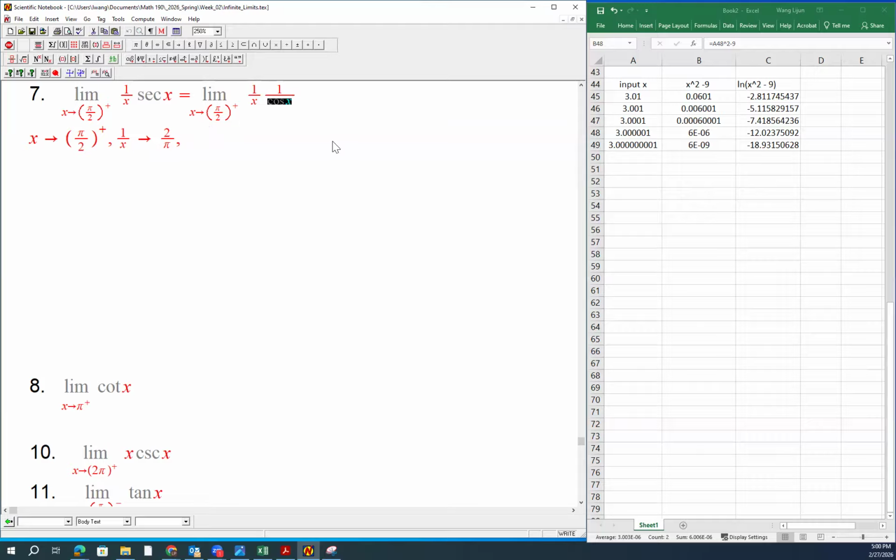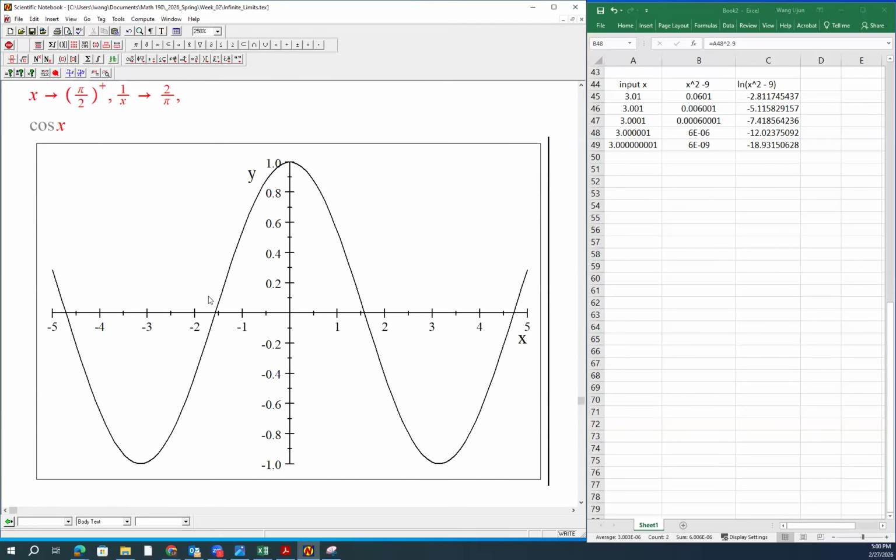Cosine x, however, as x approaches pi over 2 from larger than pi over 2, what will be the behavior of cosine? We're going to use the cosine curve.